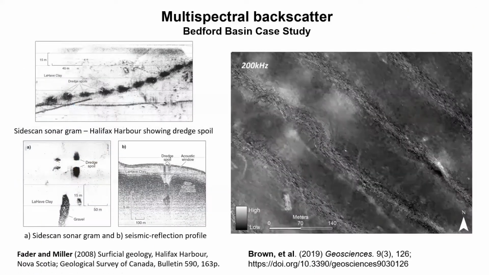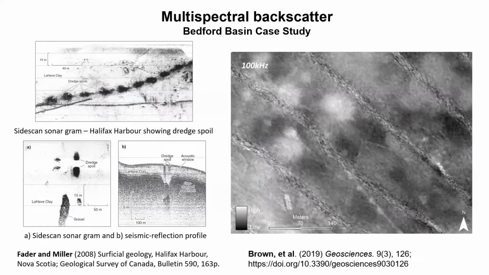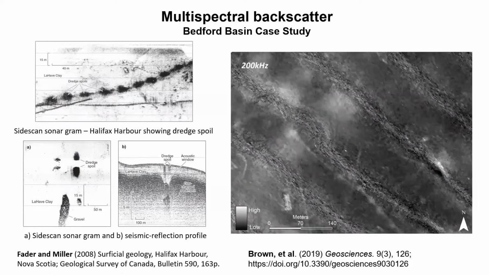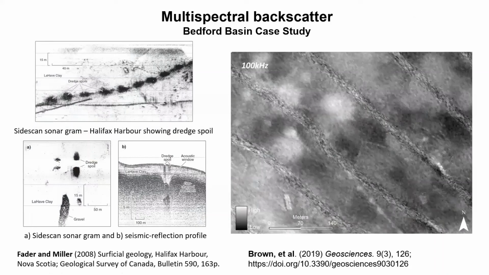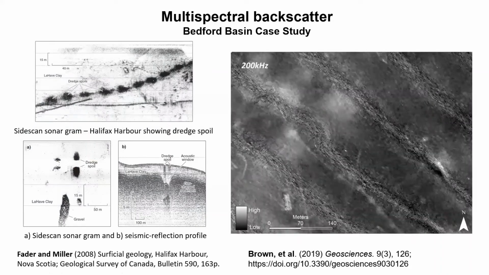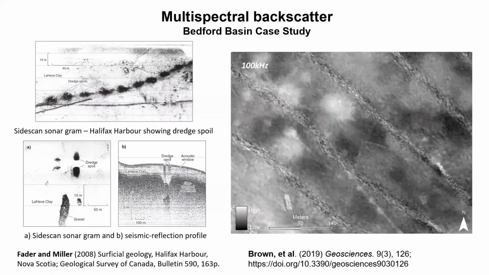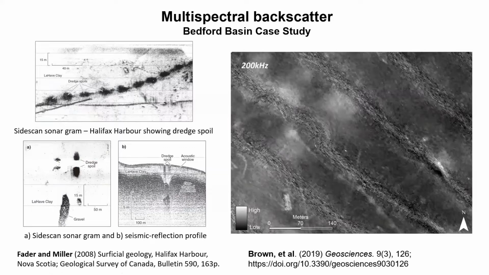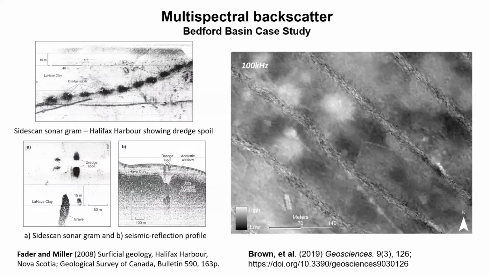And this has been described and documented. Gordon Fader, there's a 164-page document describing the geology of the Bedford Basin and the Halifax Harbour. So the Geological Survey of Canada studied this at length. This is an older side scan, 100 kilohertz track that is described. They've identified these features as dredge spoil.